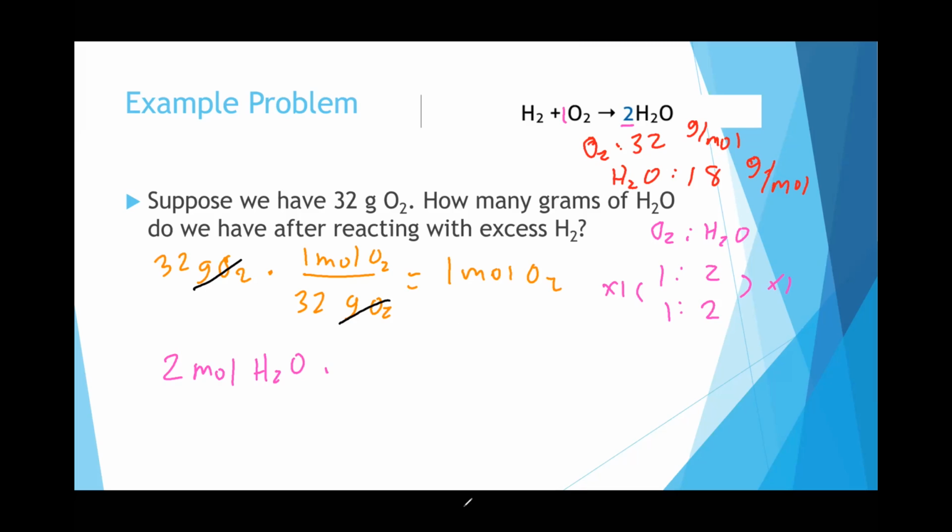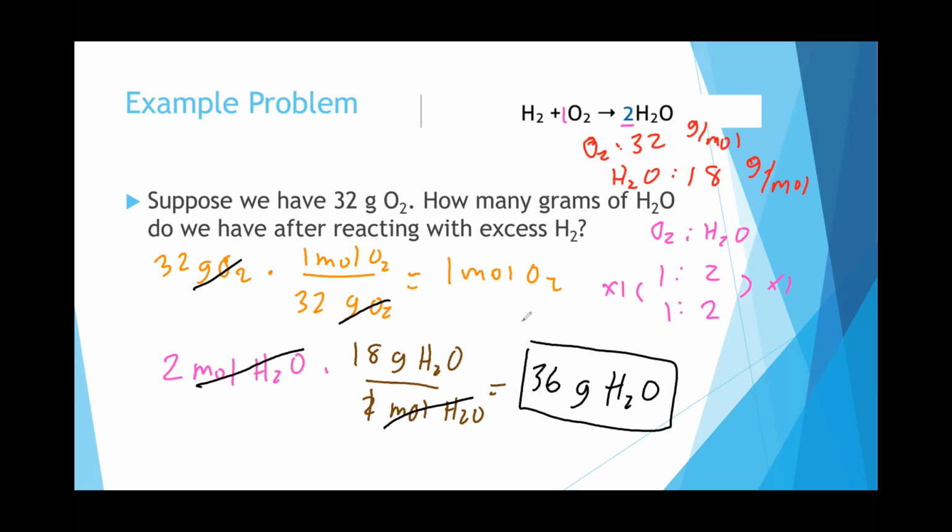All we have to do is use the molar mass, and this time we want the moles on the bottom since we can cancel out the moles. So 18 grams of water over 1 mole of water, and we cancel out the moles. 2 times 18 is 36 grams of water.